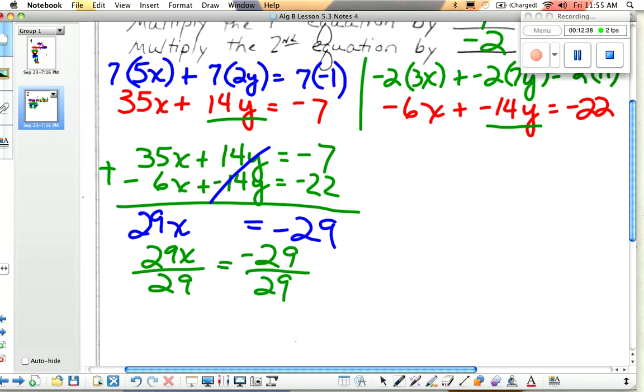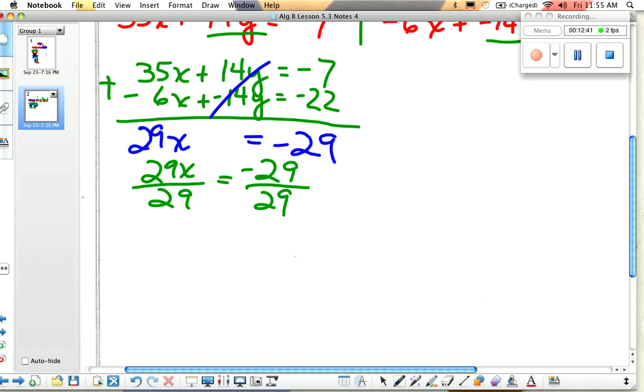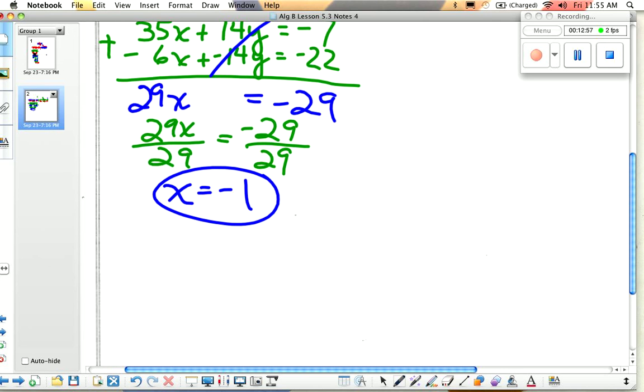So for those of us who eliminated the y's first, it appears our solution for x, we're going to get the x first because we eliminated the y's. We should be getting x equals negative 1. And then once we have our x value, or our y value, whichever one you solve for first, now you have to go back and get the other one, right?